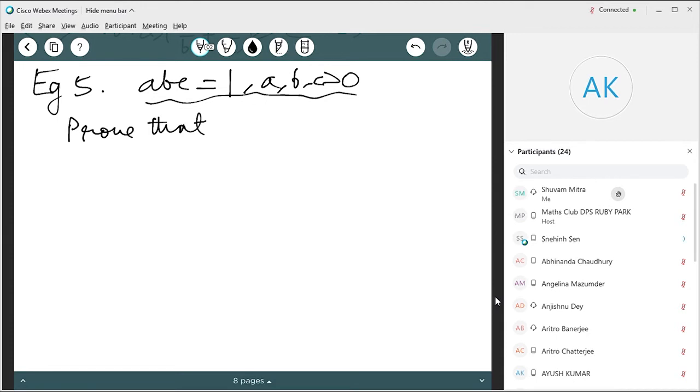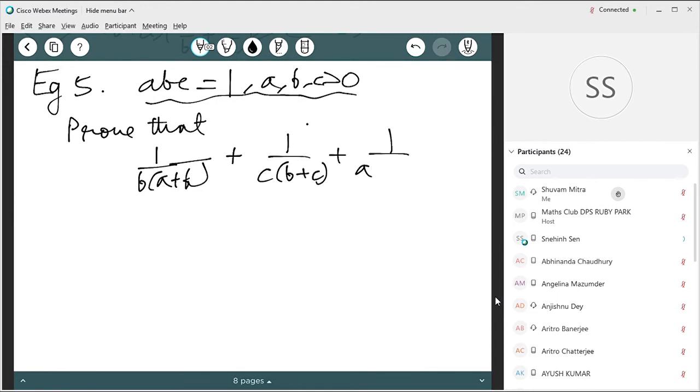And then we need to prove that 1 by b times a plus b, plus 1 by c times b plus c, plus 1 by a times c plus a, this quantity is greater than or equal to 3 by 2.